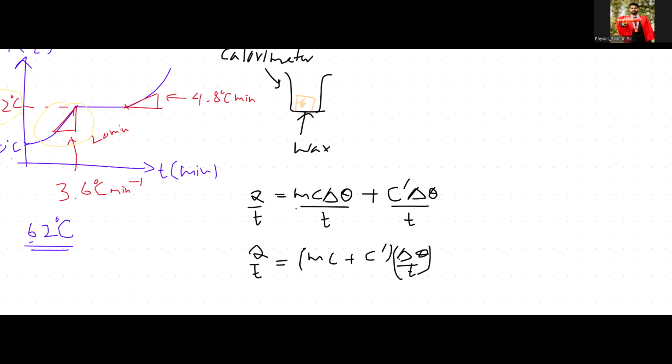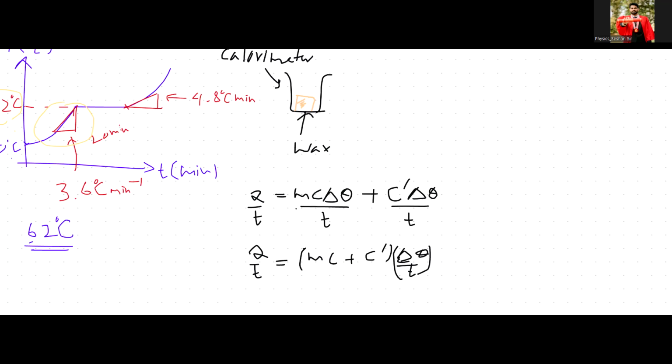It is equal to the value 3.6 Celsius per minute. But I have to convert that into Celsius per second because the rest is given in SI units. So let me write some equation related to this.